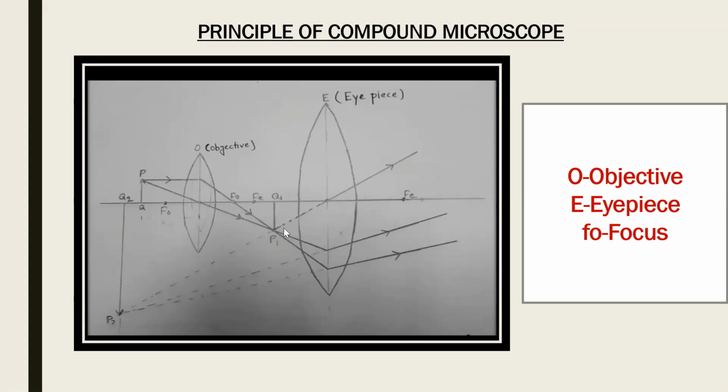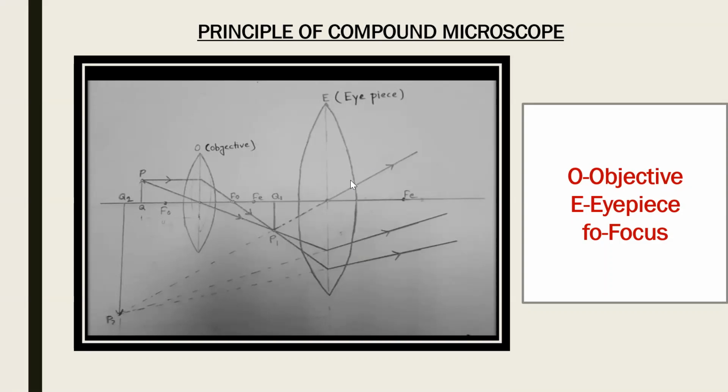One which passes through the optic center will pass on straight without any deviation. Another ray coming like this, after refraction, when it comes out of the lens, should bend towards the normal. At this point we consider the normal, like this. So it will bend towards the normal.